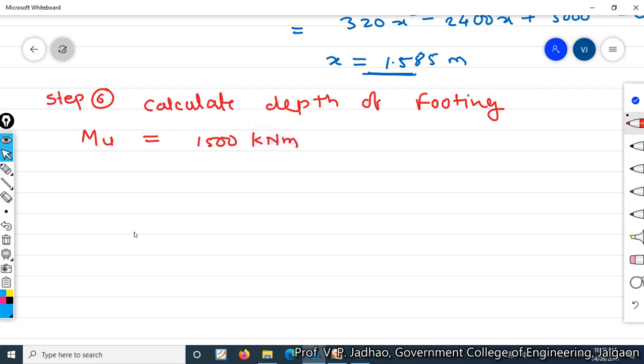So we'll calculate this depth of footing based on the bending moment consideration. Therefore consider step number 1 under this calculation of depth of footing as from bending moment consideration.